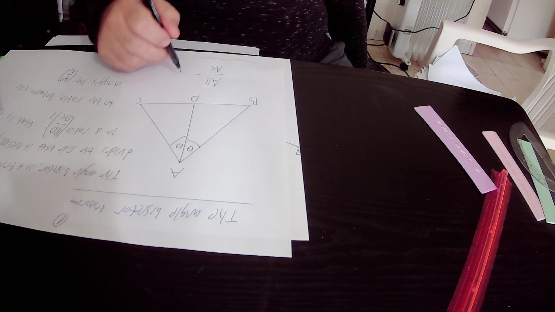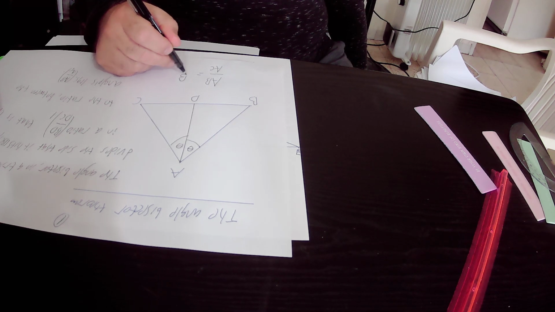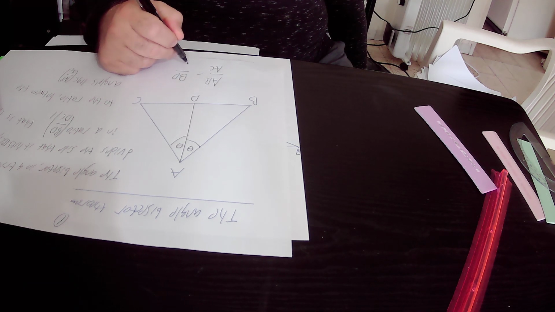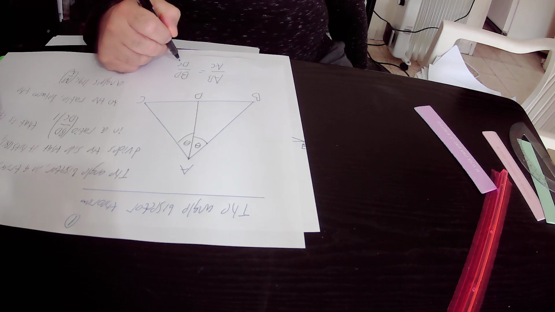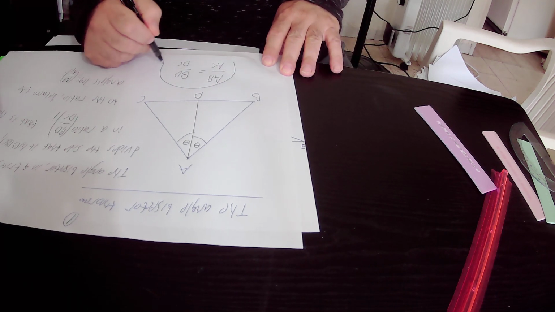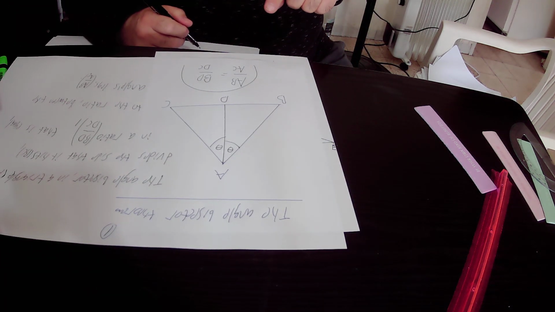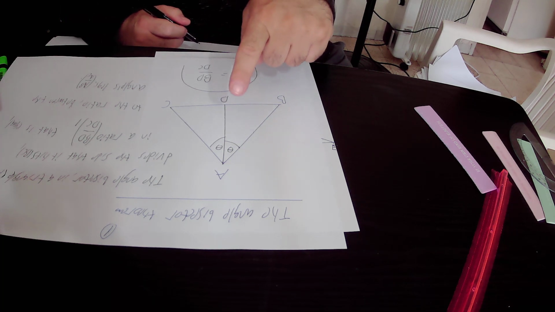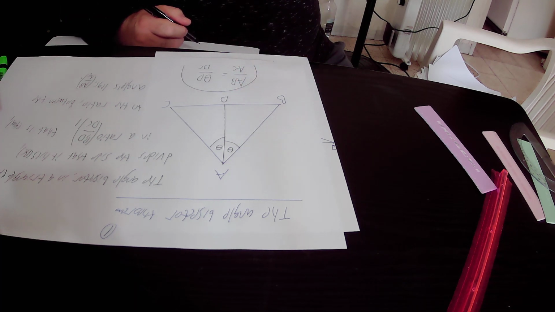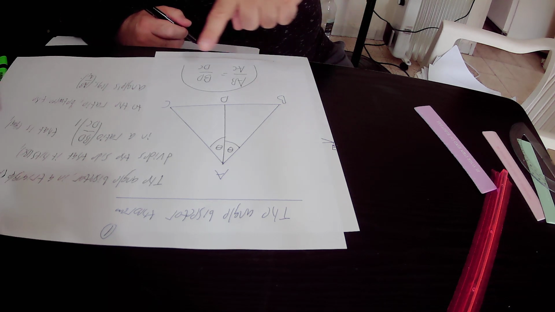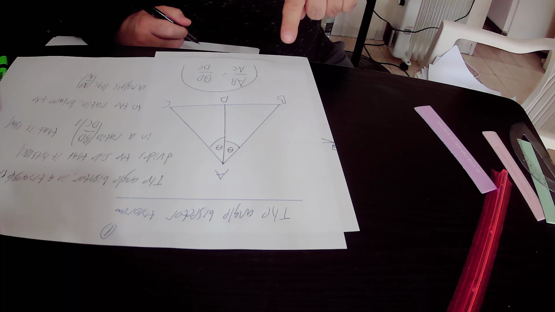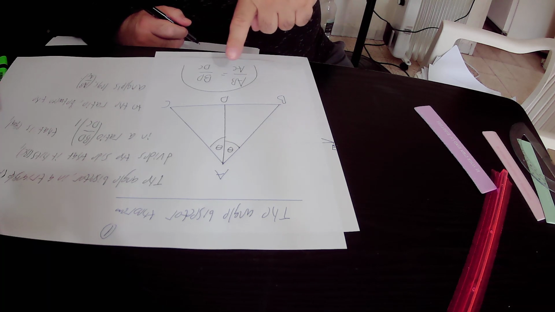That is actually BD over DC. I repeat again, the angle bisector in a triangle, in this case AD, hits side BC and divides it into two parts, BD and DC.